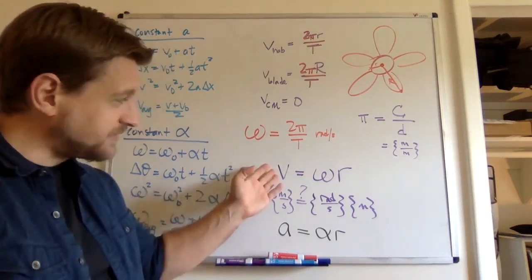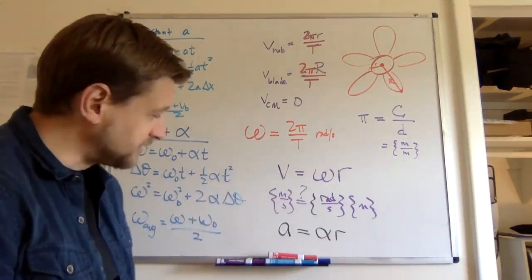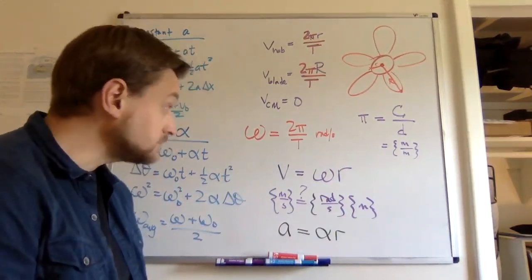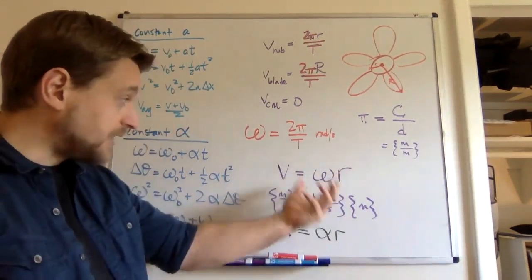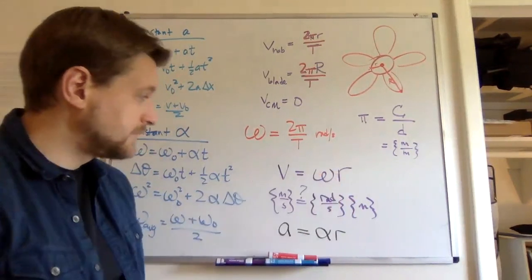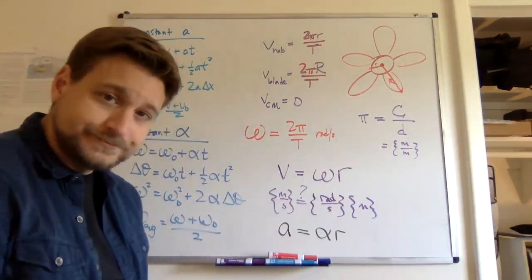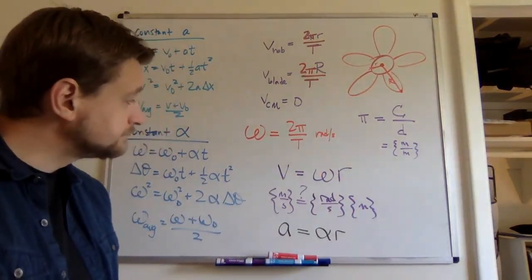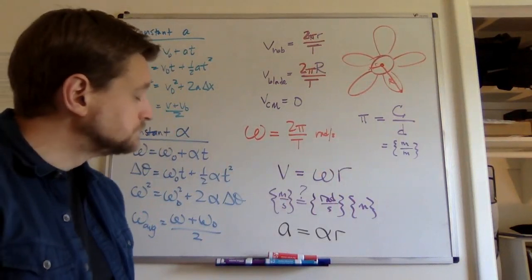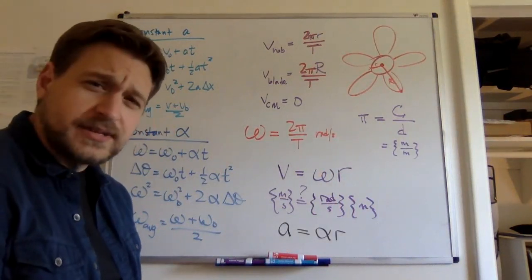If the left-hand side is a vector, the right-hand side needs to be a vector. But if we're going to get vector content from the right-hand side, where does it come from? And that's what the next segment will be about.